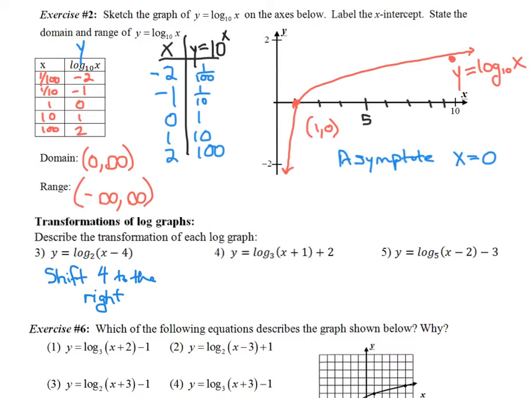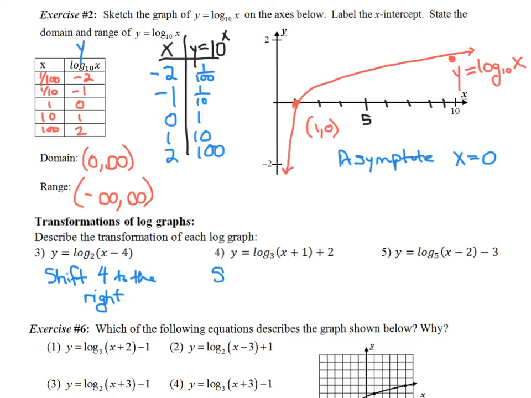Let's try number 4. y equals log to the base 3 of (x plus 1), plus 2. I've got two transformations that are happening in this case. x has a 1 added to it, but then the whole function has a 2 added to it. So we've got to think of these two differently. First of all, let's look at the x.